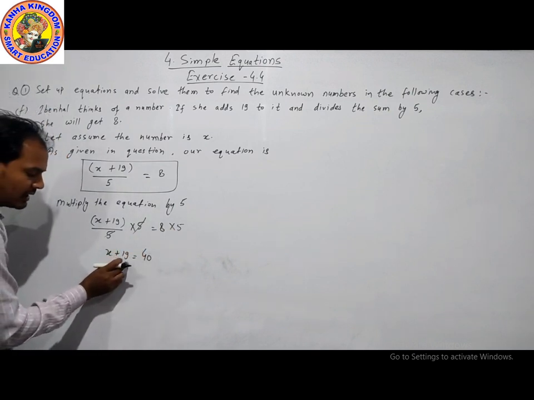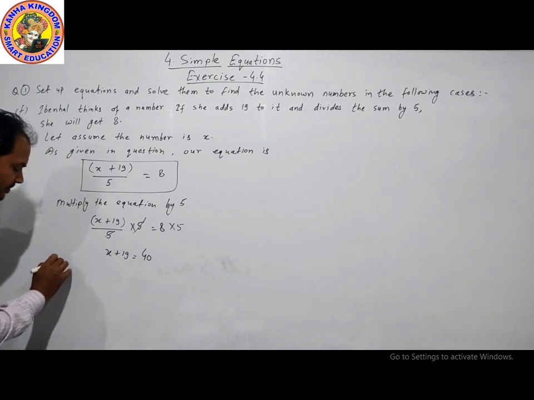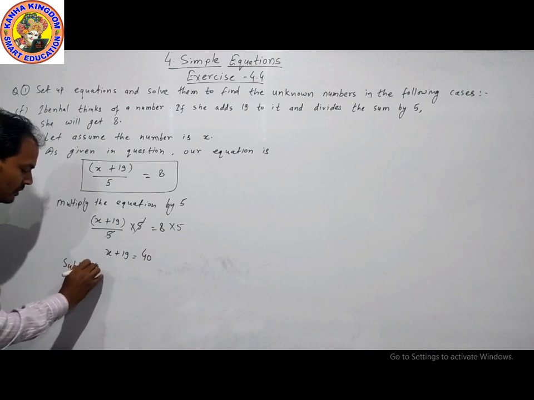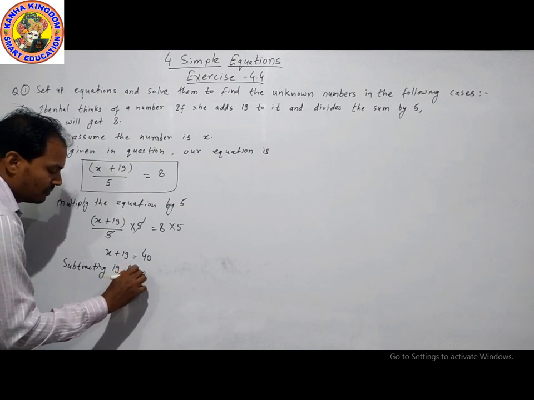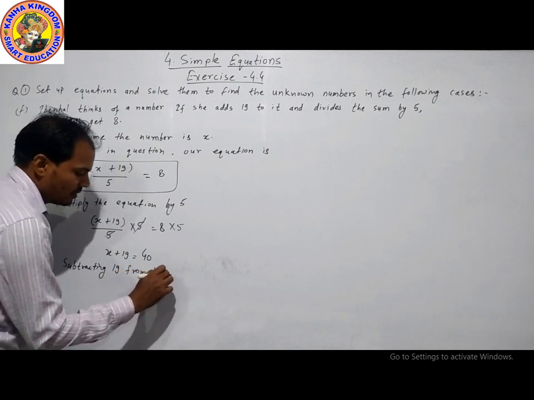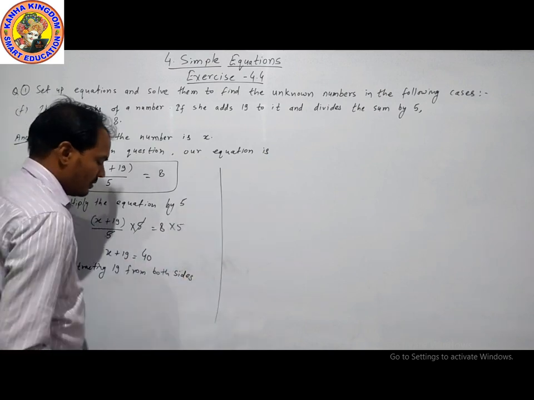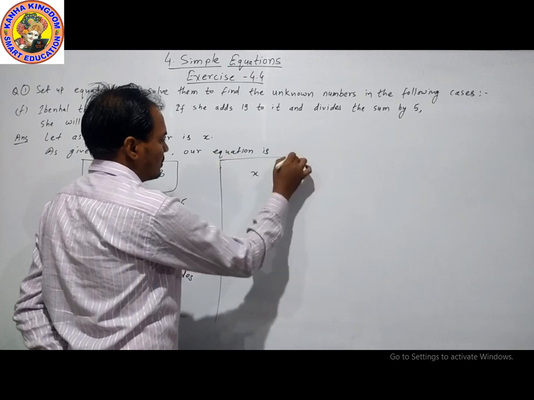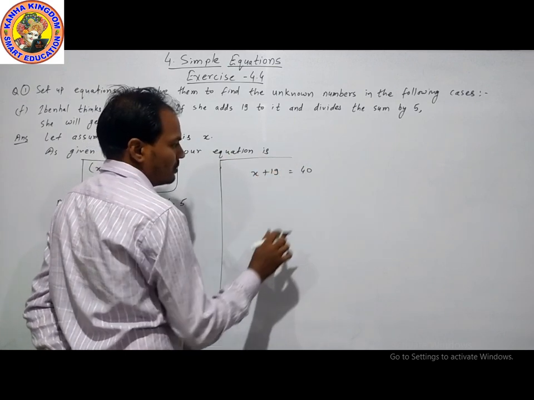Now here is plus 19, so we will take minus 19. Subtracting 19 from both sides. Our equation is x plus 19 is equal to 40.